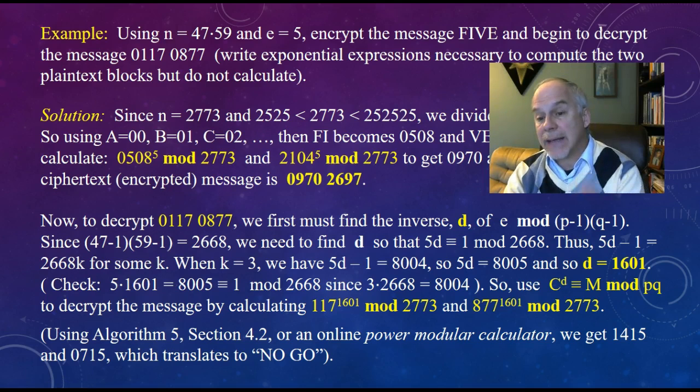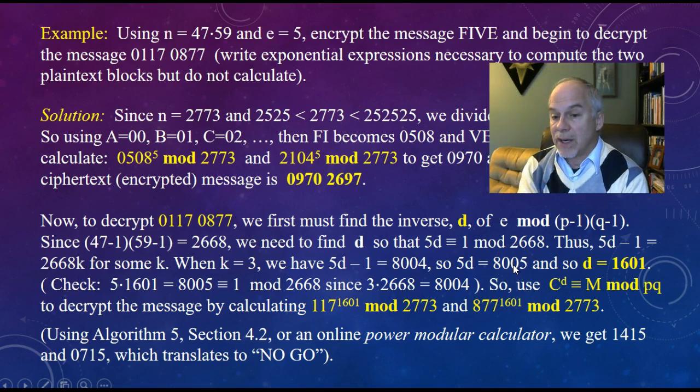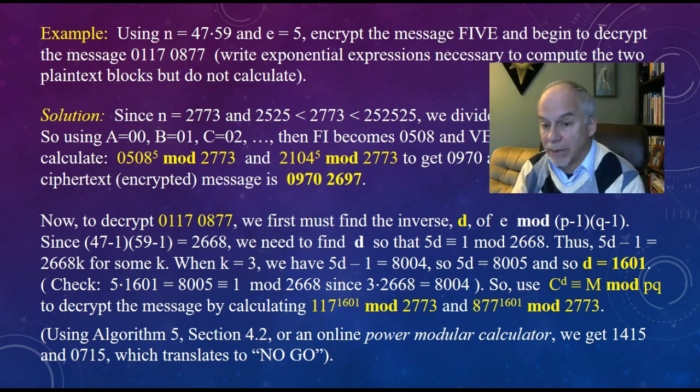Now, why did we want that? Well, because 8005 is divisible by 5. I can divide both sides by 5. Now, I have to know that 5 and the mod, which is 2668, are relatively prime. And I know that they are because 5 is a prime number.